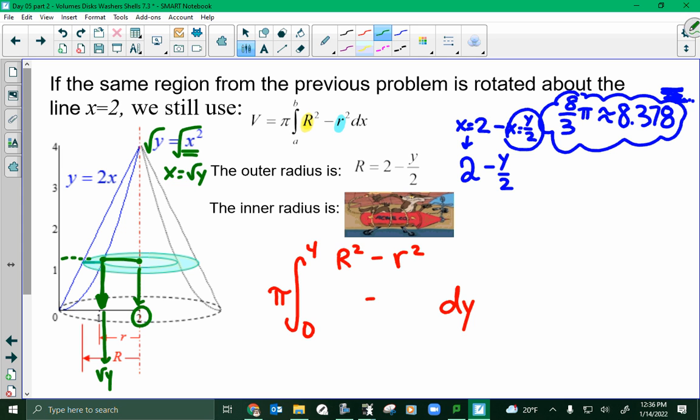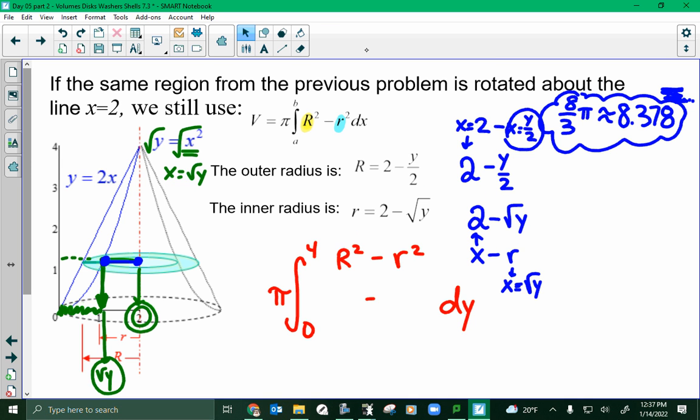So I take 2, I subtract this point from here to here, which is the square root of y, and that leaves me this part, which is the radius. So it's 2, which is the x where I'm rotating it, minus my small r, which, by the way, is the square root of y. X equals square root of y.